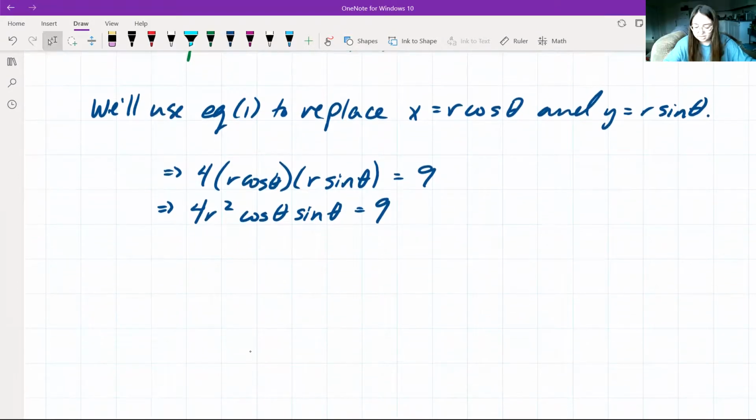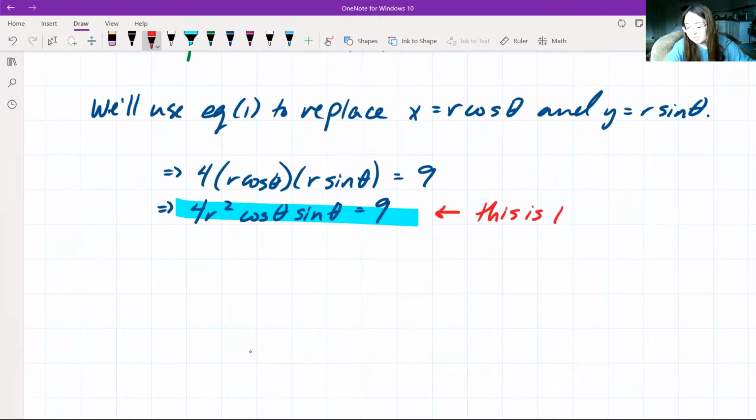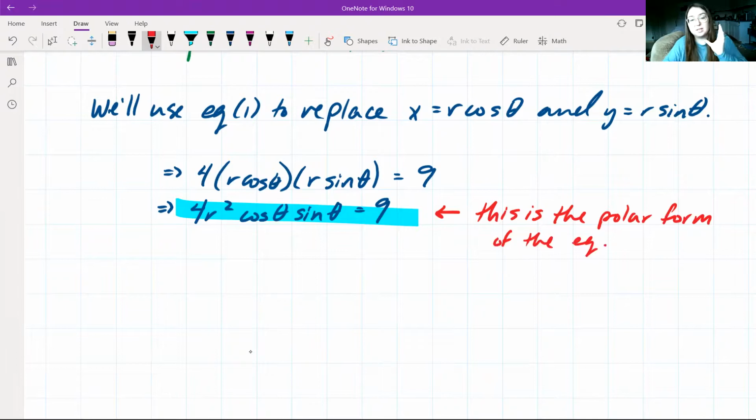So what we have here is that we no longer have x's and y's, we only have r's and thetas. So this is now the polar form. It's the polar form because we've replaced x and y with r's and thetas. As soon as you do that, you are already in the polar form.